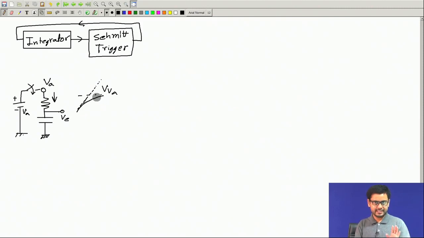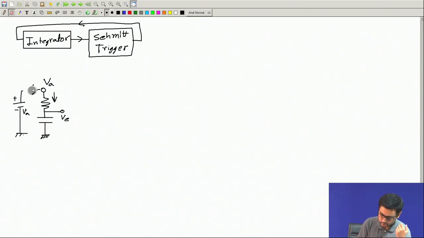But still this has the property that if you give an input at this point and consider the capacitor voltage as the output, it increases if you apply a positive voltage, and decreases if you apply a negative voltage. This is a kind of integrator, not precisely an integrator.